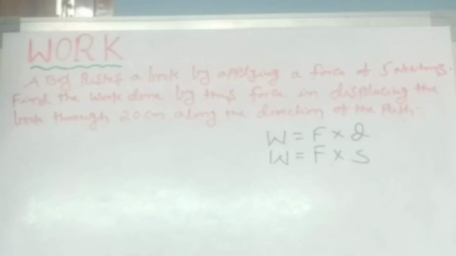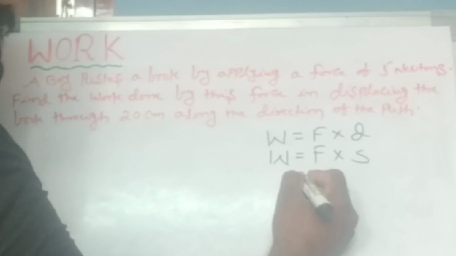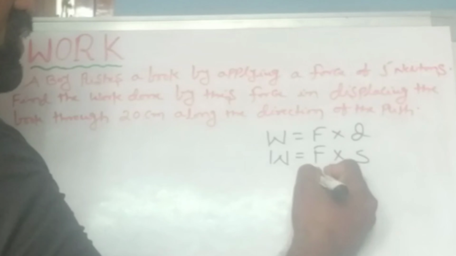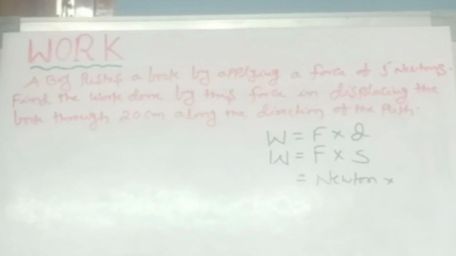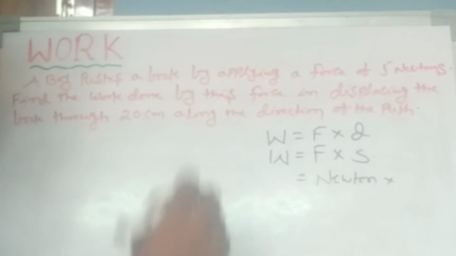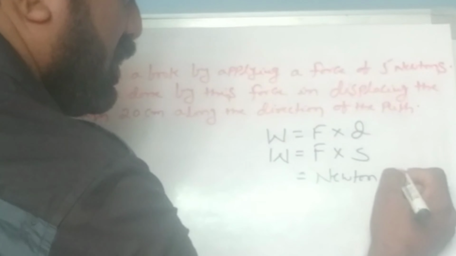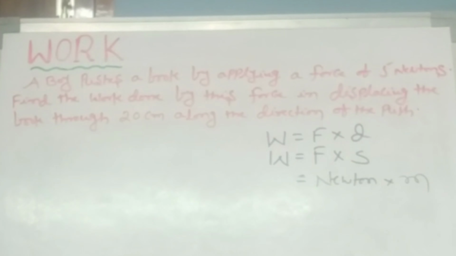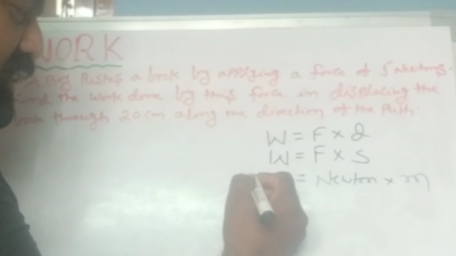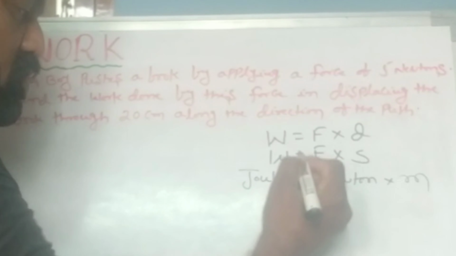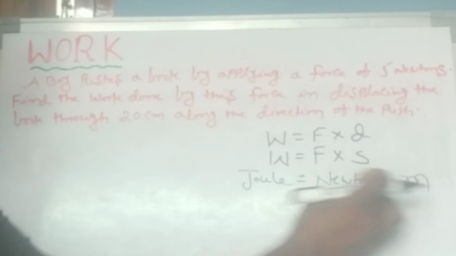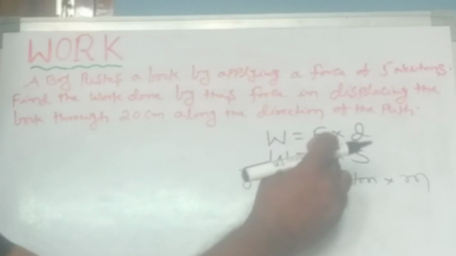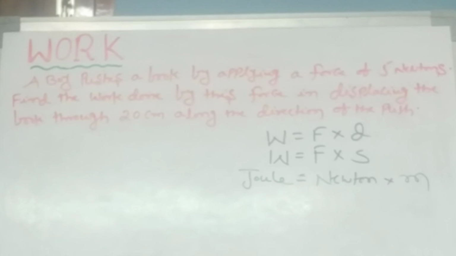So the MKS unit of force is Newton, into unit of displacement in MKS system, which is meter. So the work unit is Joule. Joule equals Newton meter. Newton meter is nothing but Joule. So this is in SI system.